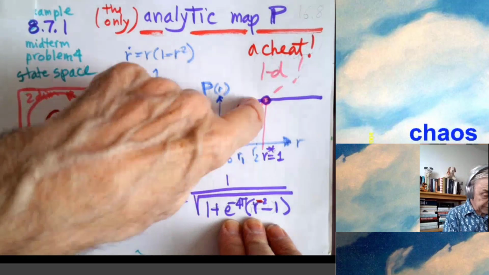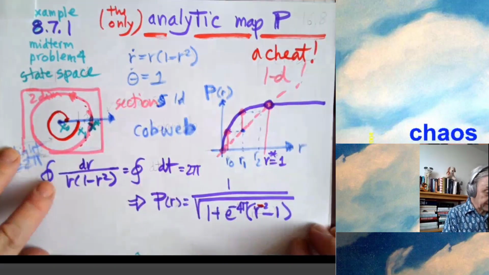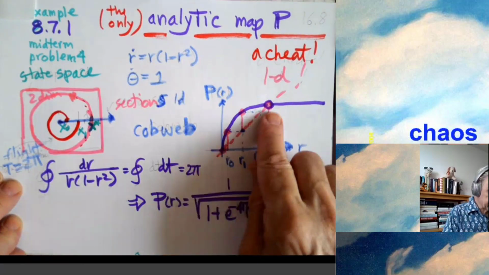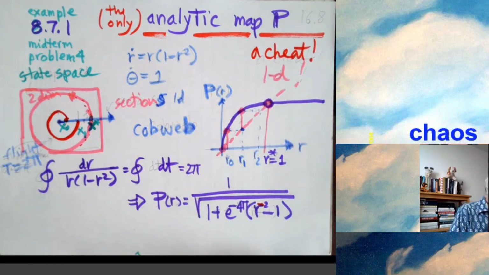So this fixed point means I have an orbit of period 1, because I iterate this only once. And that orbit is attractive, and everything can be computed very nicely about it.